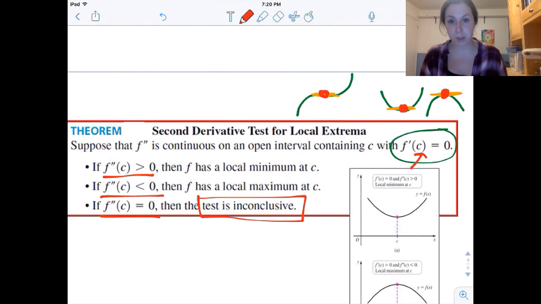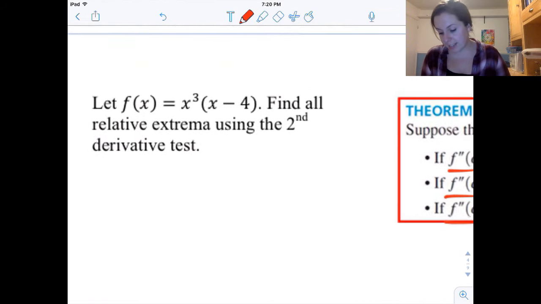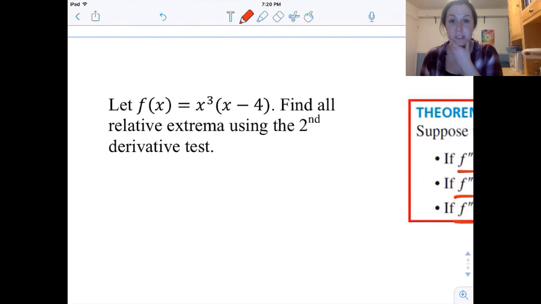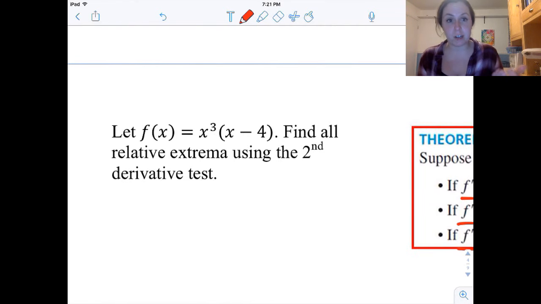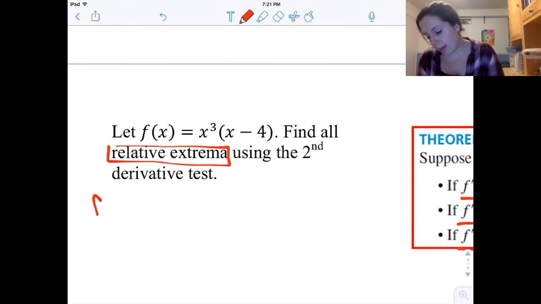Okay? So let's look at this one. So f of x equals that. Find all relative extrema using the second derivative test. So let's start by finding our critical values. The same thing we do if we were doing first derivative test. Anytime you're looking for relative extrema, you should be finding critical values. So f of x, before I take a derivative, instead of having to do product rule here, I'm going to make this x to the fourth minus 4x cubed.